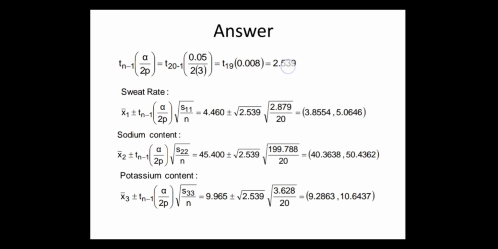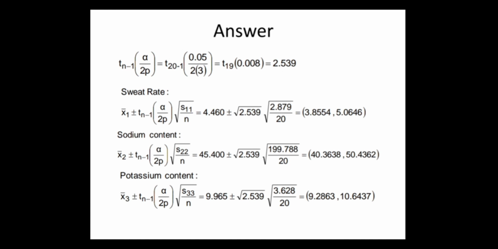Okay, tadi using the T-square interval, we have the value of the F table as 8.29, but now using the T distribution, the T table, the value is 2.539.